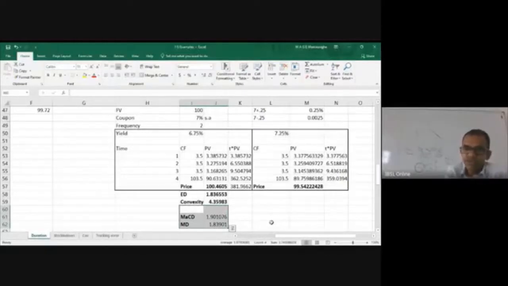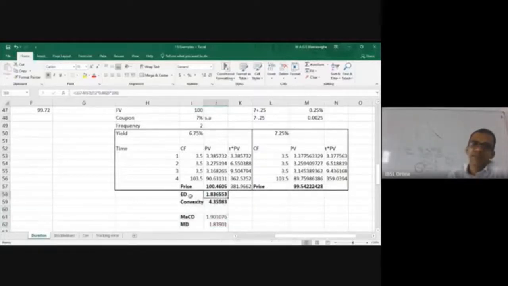Usually we don't use only modified duration to calculate the change in price if the yield changes by 2%, 3%. But with the combination of convexity, we can get much better results. Clear?